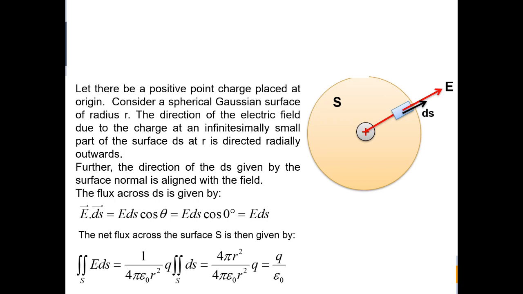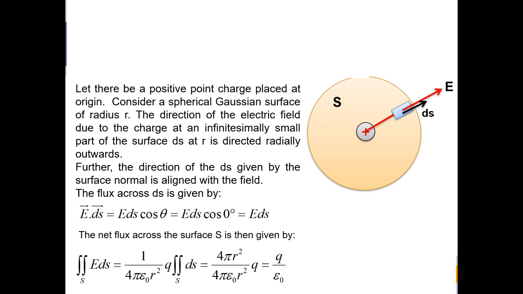Now consider the direction of electric field due to this charge. If you take an infinitesimally small area ds shown here in this diagram, and look at the field coming out of this area, since the field is radially directed and the surface normal of this area is also radially directed, we can clearly see that the field and the surface normal are at 0 degrees to each other.